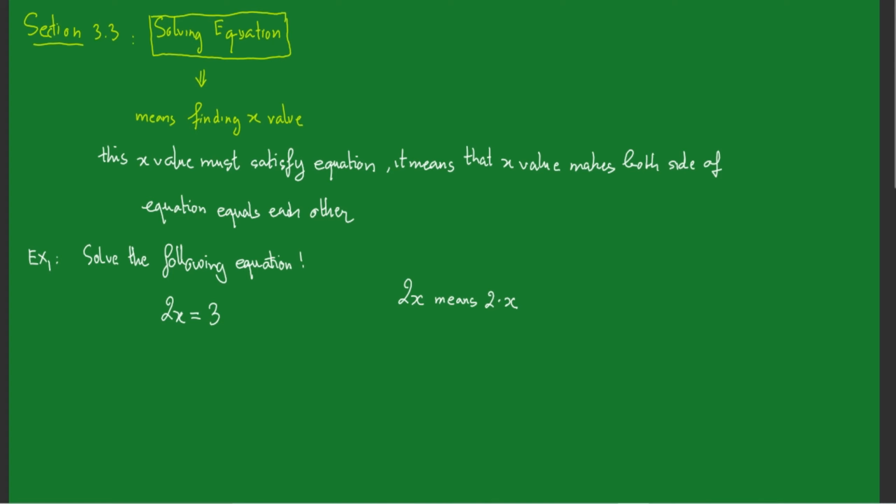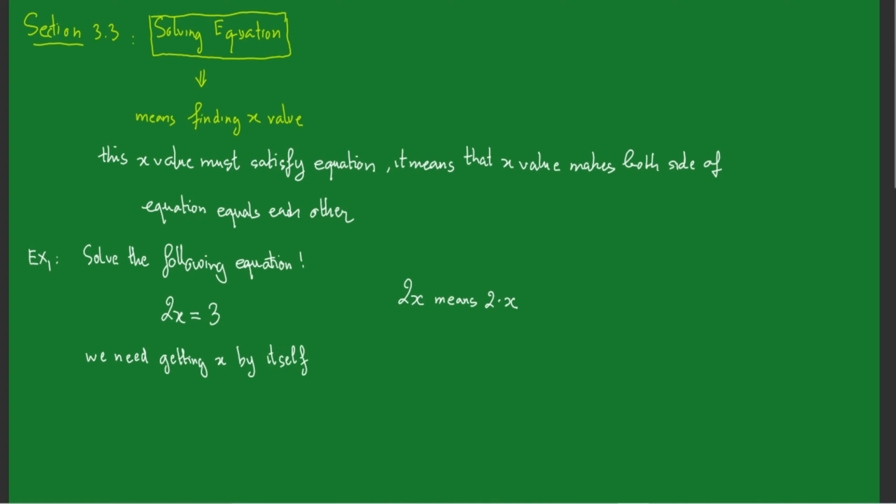So the strategy is to get the x by itself. What do I mean by that?